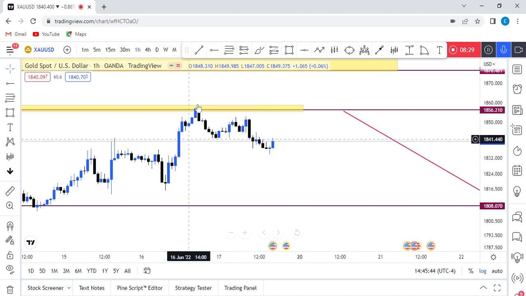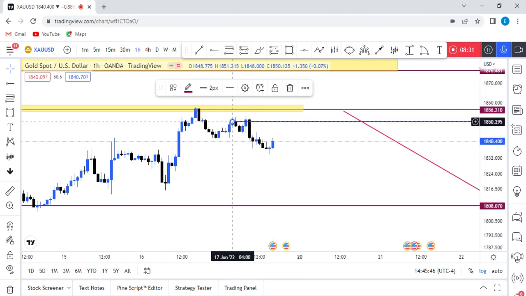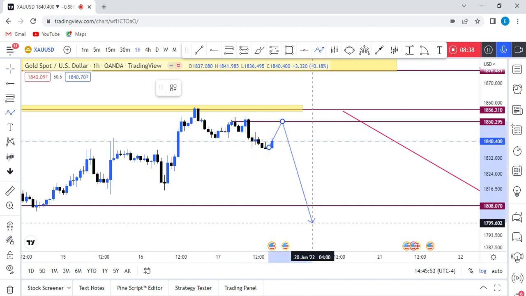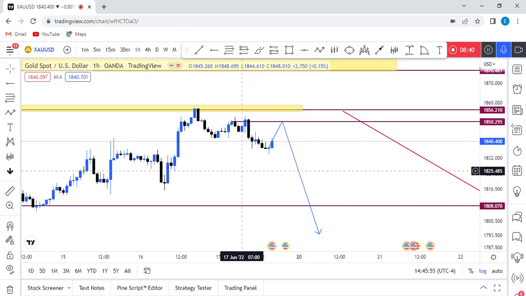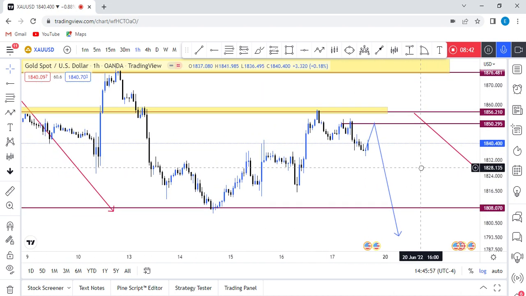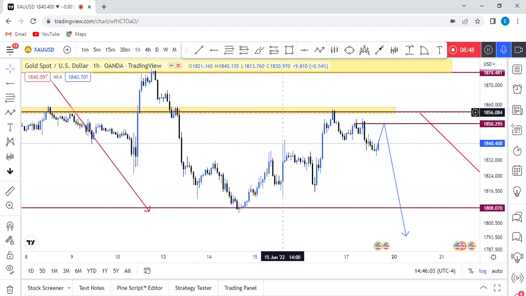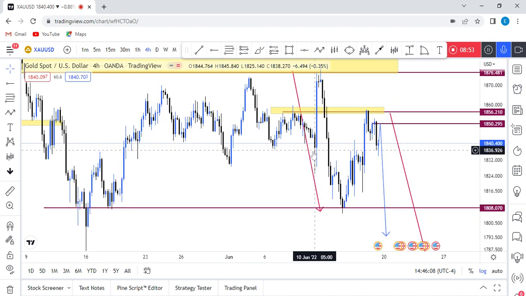The market must turn back to this level here. So you can wait for the market to turn back here, then you can add your order. All the way, we must look for the sell setup only for gold.